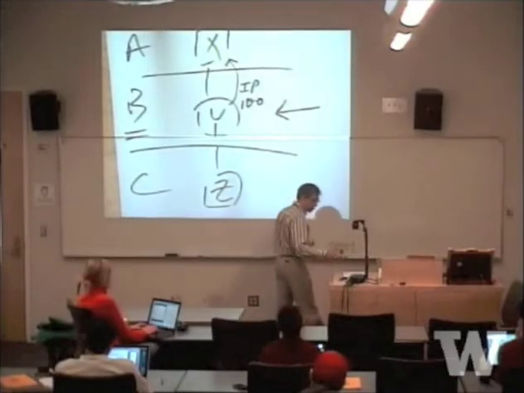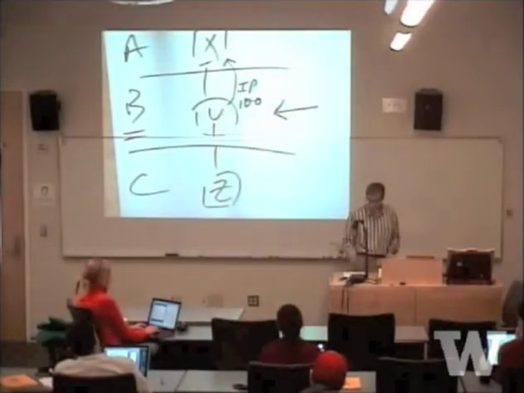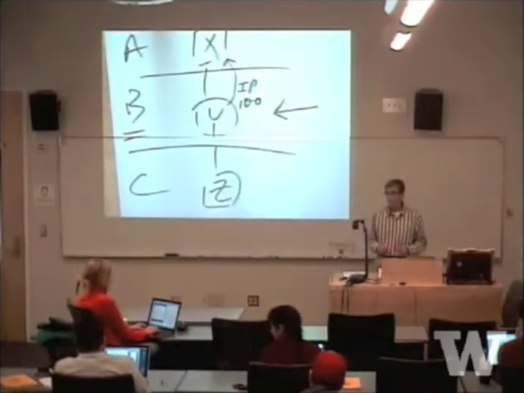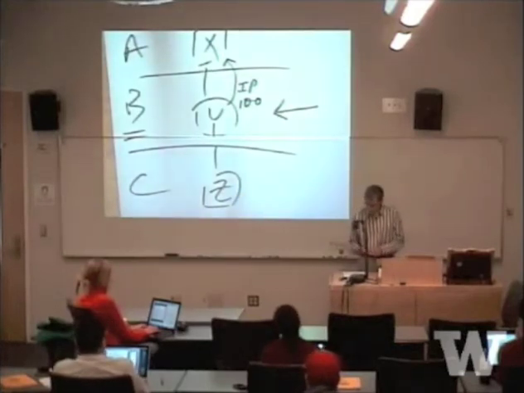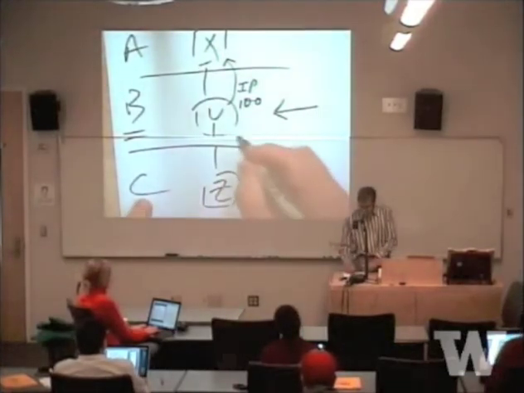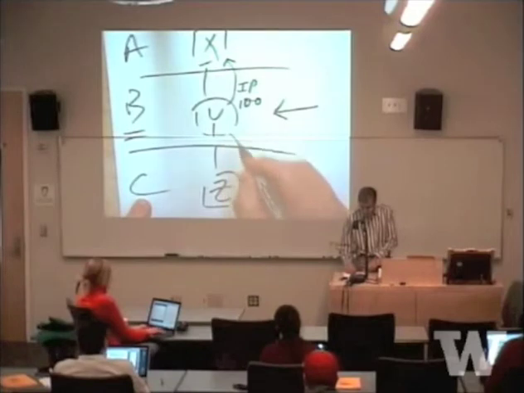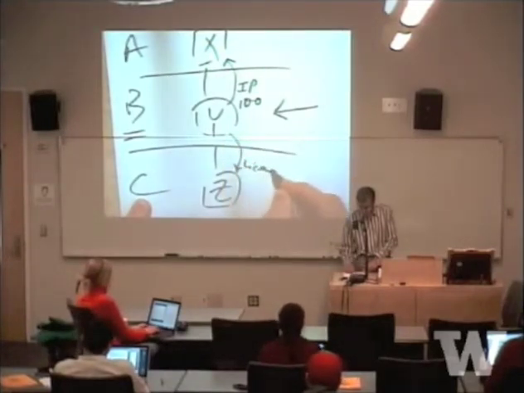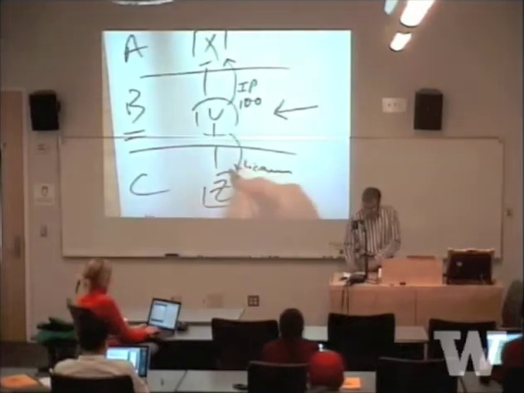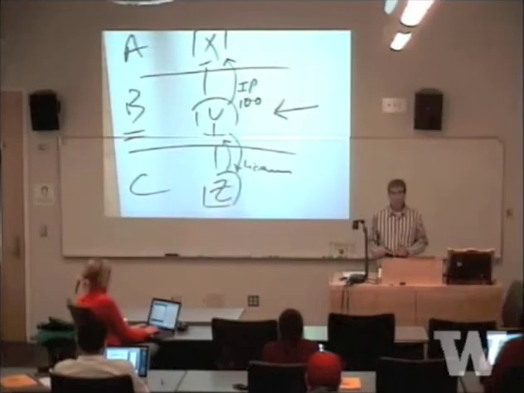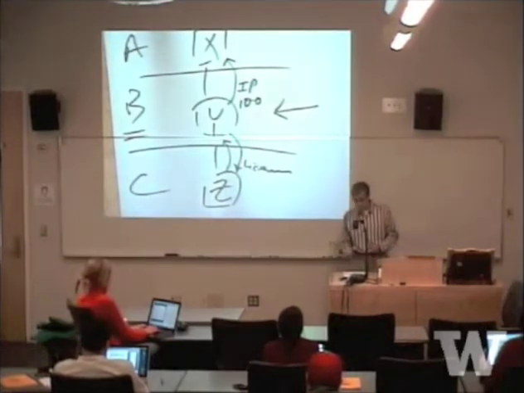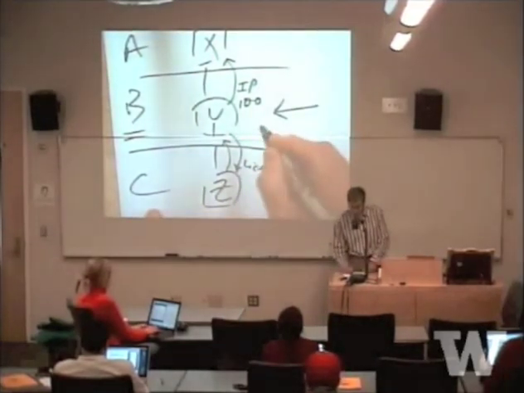So Y now has IP with a basis of 100. Y owns that, and now Y enters into a license agreement with Z, and there is a royalty stream. That royalty stream, of course, is income here.